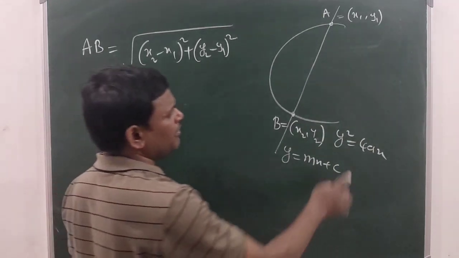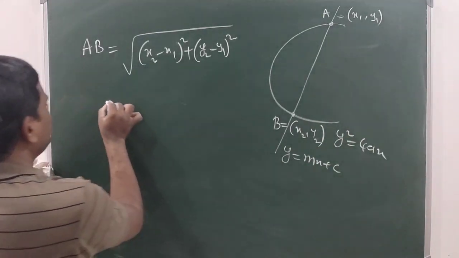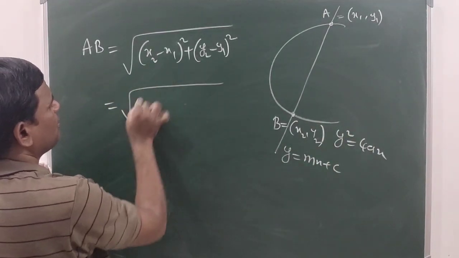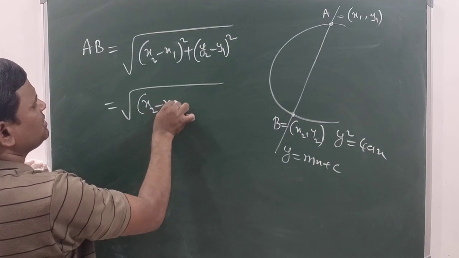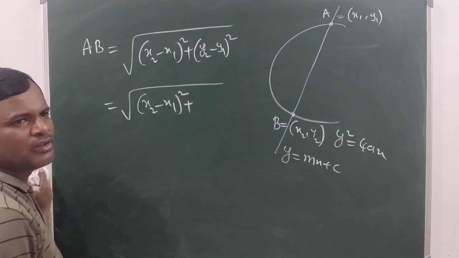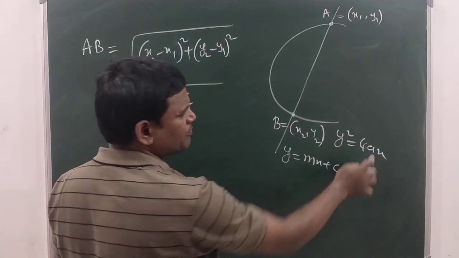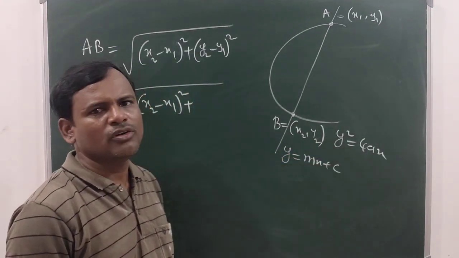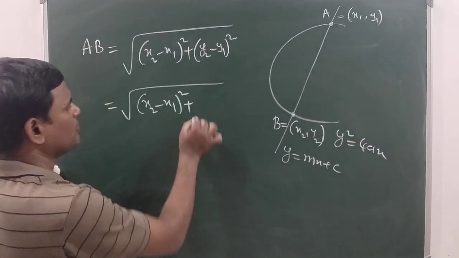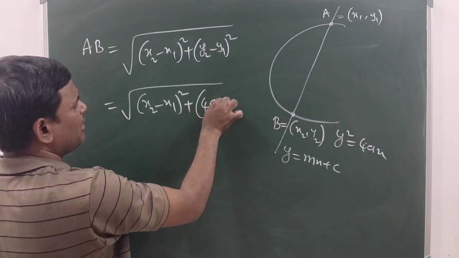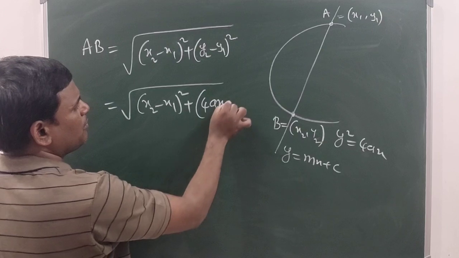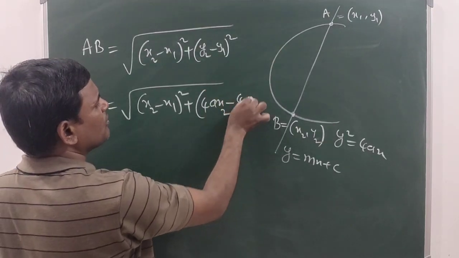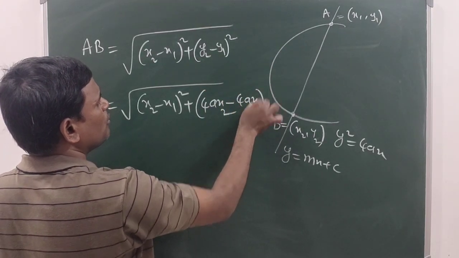So here, the next step: (x2 minus x1) whole square. Here, what is y2? If you write the y2 value over here, it will become 4a x2, and y1 is 4a x1, whole square.